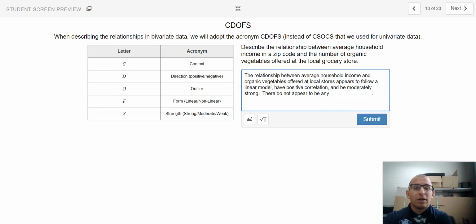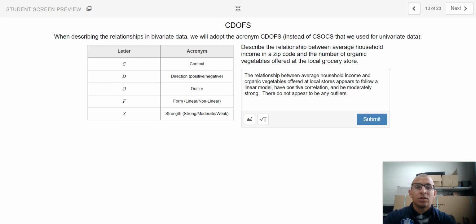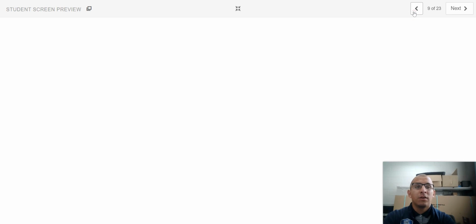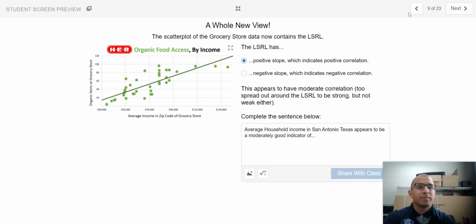Okay, so I've satisfied direction, strength, form. The last thing that I haven't satisfied is the outlier, and there do not appear to be any outliers from a visual argument.